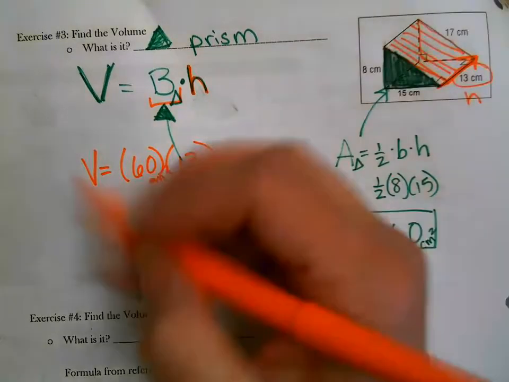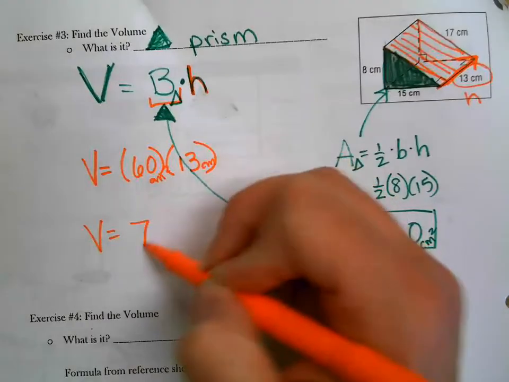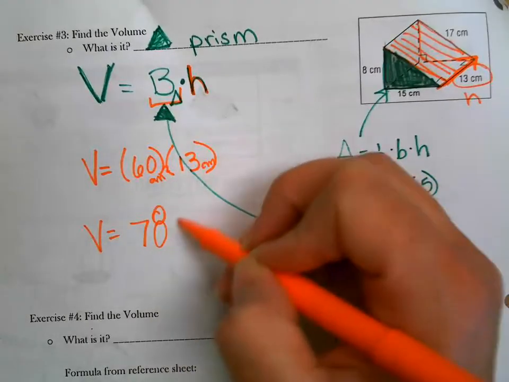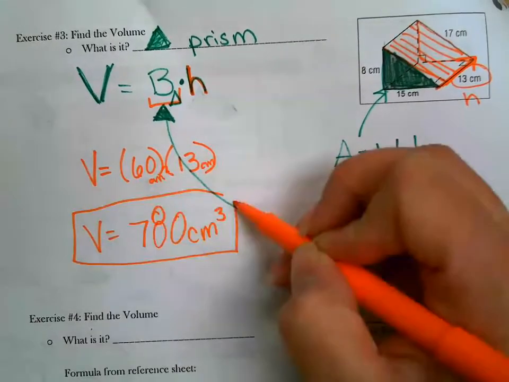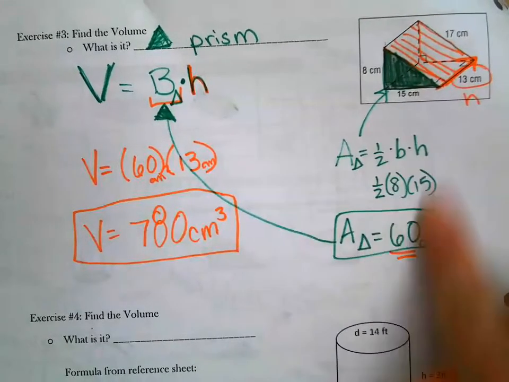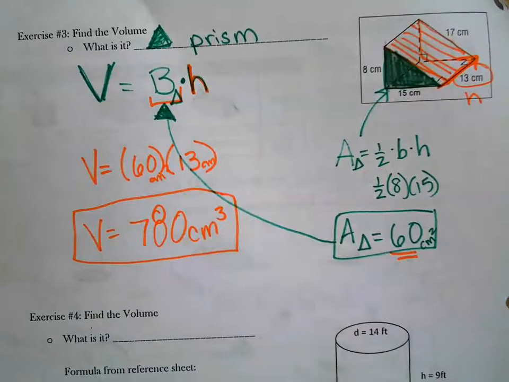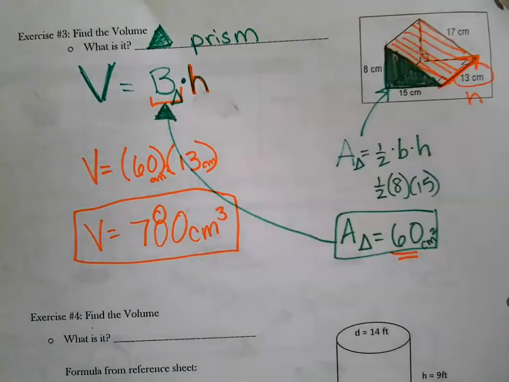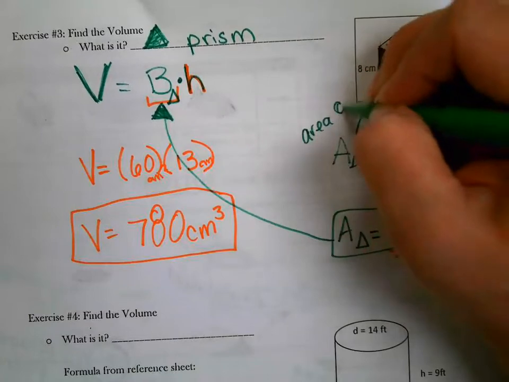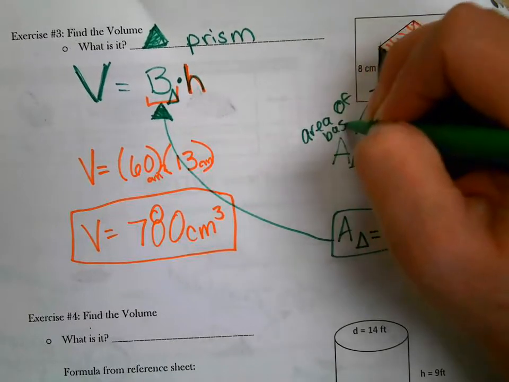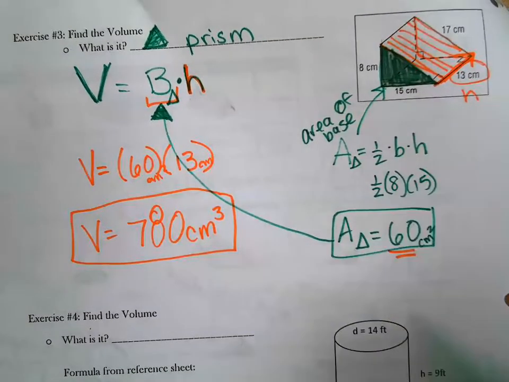So the volume here equals 780 centimeters cubed. So again, that first step was we had to find the area of the base shape. So area of the base was 60 centimeters squared.